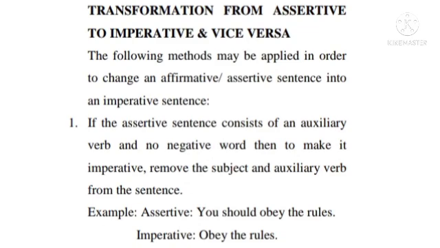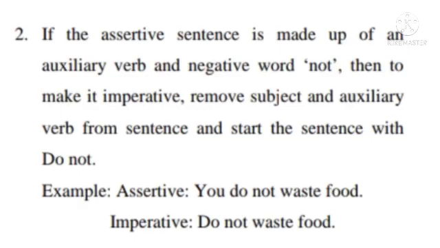So, in an assertive sentence with an auxiliary verb and no negative word, we have to remove that subject word. So, you should obey the rules will change like this: obey the rules.